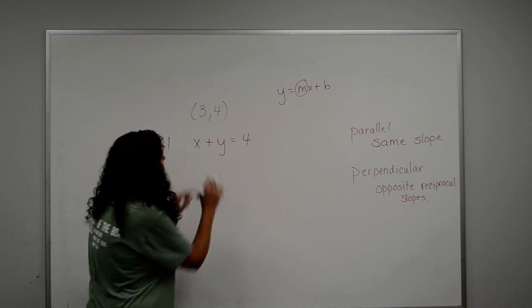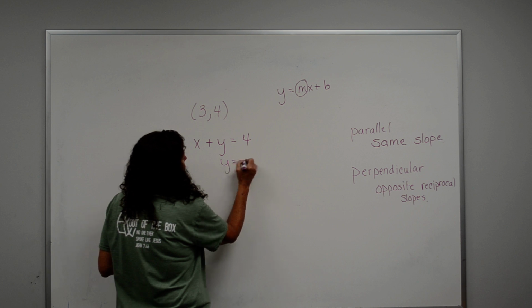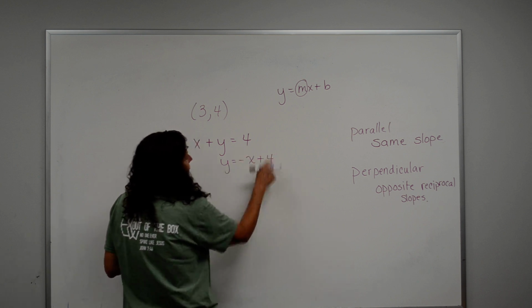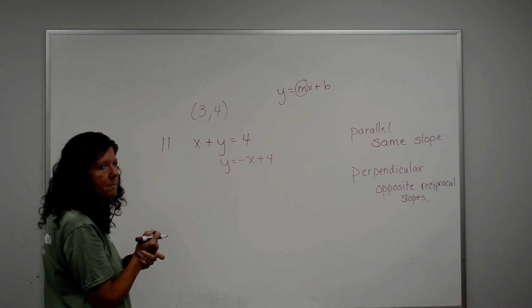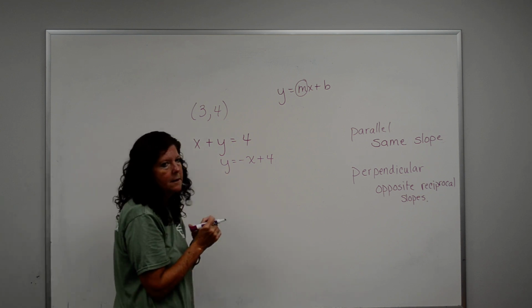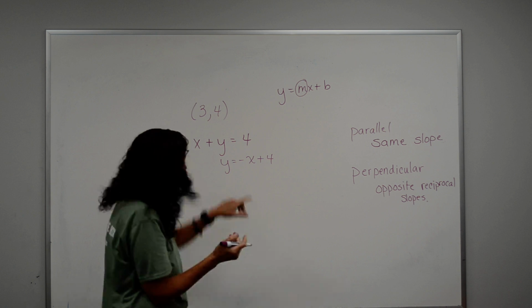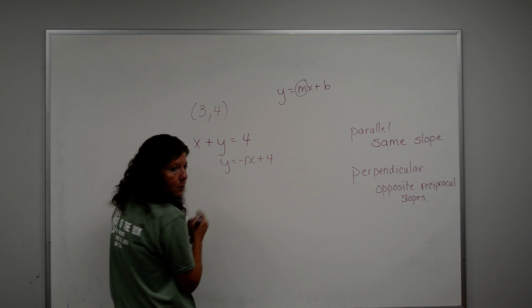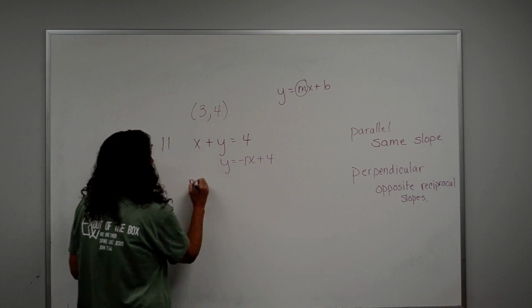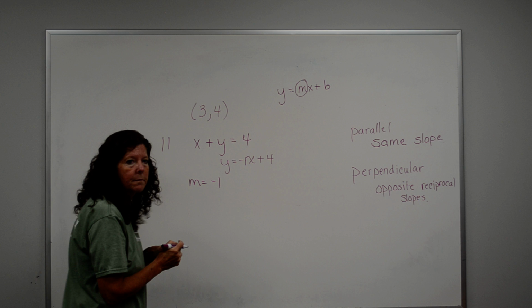So I'm going to turn around and solve this. Now it's in that form. So what's the slope right there? Any idea? What's the number in front of my x? -1. Okay, because there's an understood 1 right there, right? So my slope is -1.